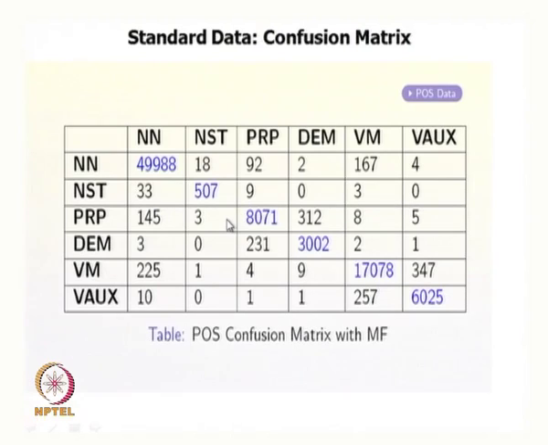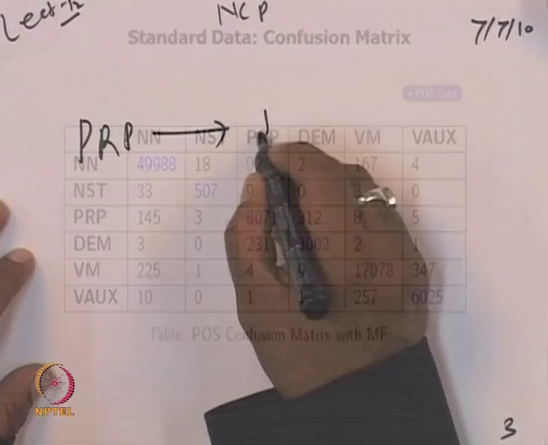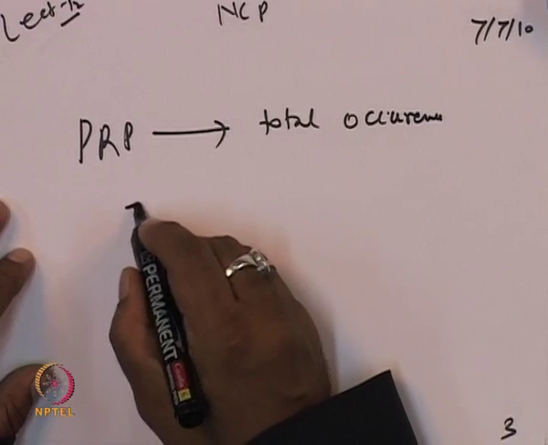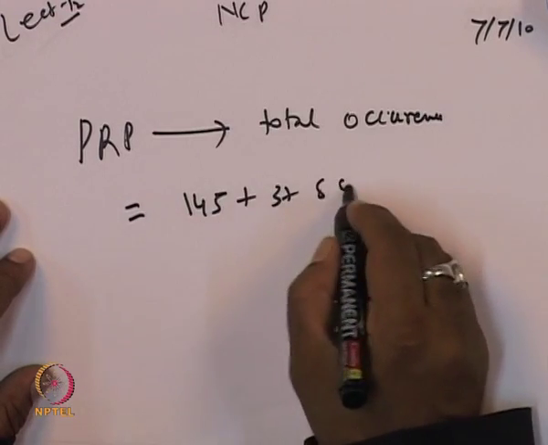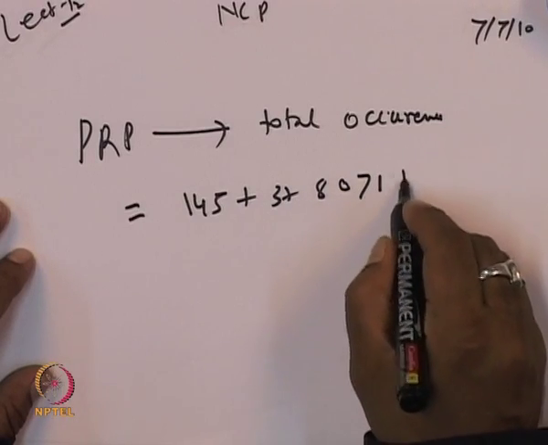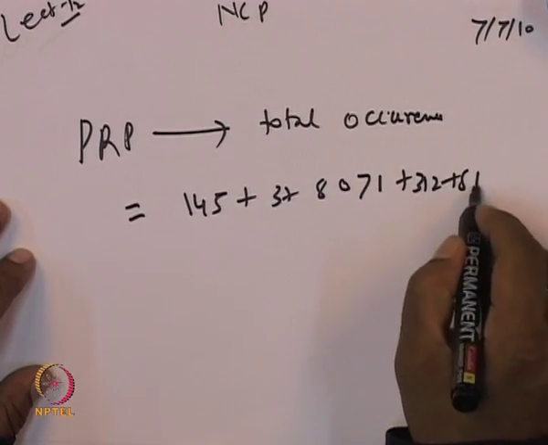Let us discuss this a bit more closely. We will do a bit of a calculation. We find from the table that the PRP tag total occurrence is equal to 145 plus 3 plus 8071 plus 312 plus 8 plus 5.